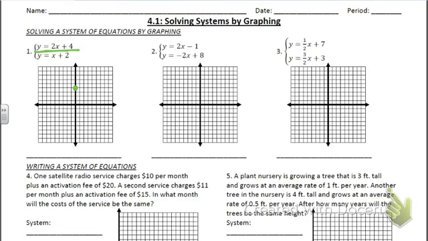So I'm going to go up 2, right 1. And I like you to do 3. So what's the opposite of up 2, right 1? Down 2, left 1. Good. And then draw a line as straight as you can.